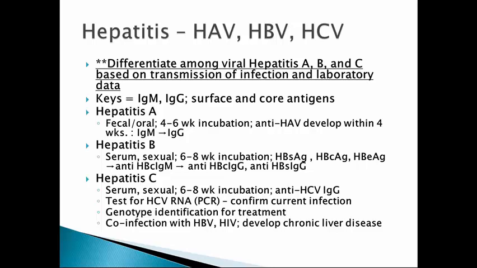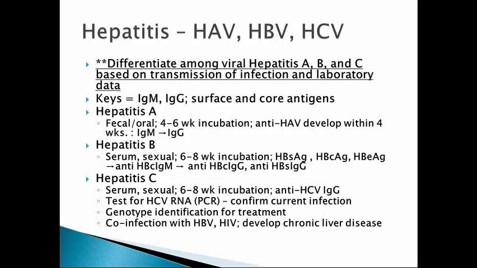IgG, this anti-surface or core IgG, may be present in both chronic as well as resolved infection. But the important concepts here are: where's the antigen? Where's the antibody? Do they have IgM or do they have IgG? Remember, IgM is early infection. IgG either indicates chronic or, in the case of hepatitis B, a resolved infection.